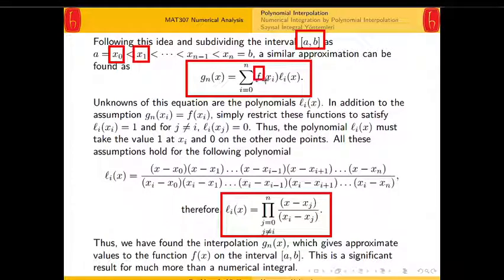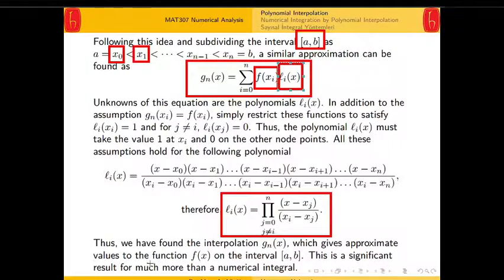So we said we know this part, and also Li(x) is found in this way, so we also know this part. So this gives us the approximation function g_n(x), because we know all the unknowns now. So this g_n(x) will be an approximation function to f(x) on the interval [a, b].